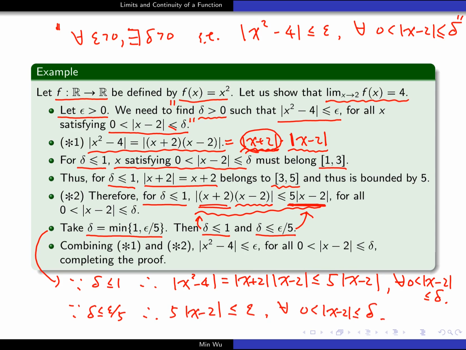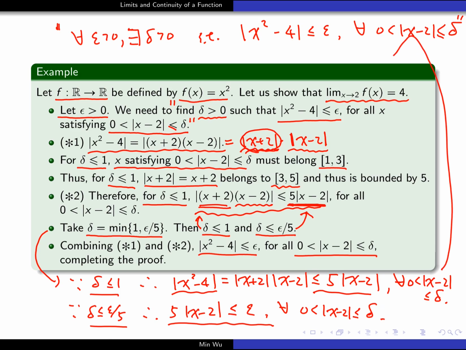And since we take delta to be the minimum of 1 and epsilon over 5, these two conditions are satisfied. Combining these two inequalities, eventually what we get is this: for all 0 < |x - 2| ≤ delta. So this is basically what we want, right? And this goes back to what we want here.